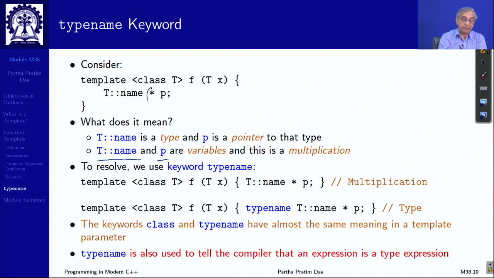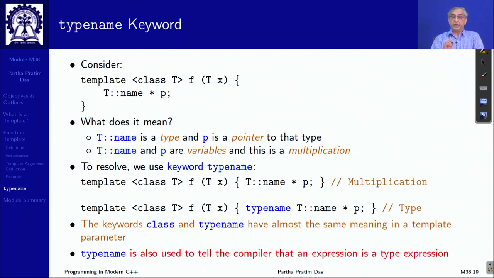So, this basically is a multiplication. So, the conflict of understanding semantics is between a pointer declaration and a multiplication. Now, naturally, there is not enough information available on this line for the compiler to deduce. So, the user has to tell which one this is.